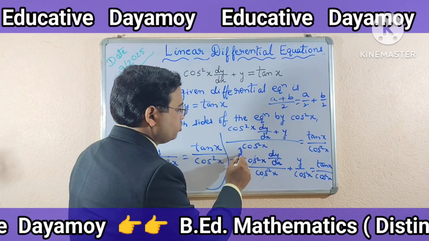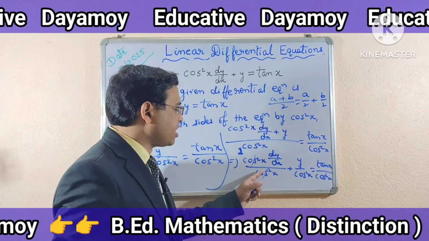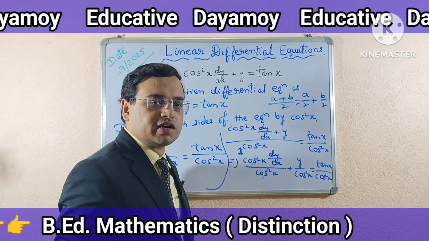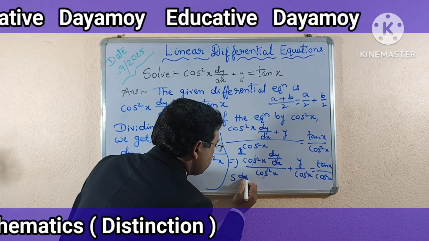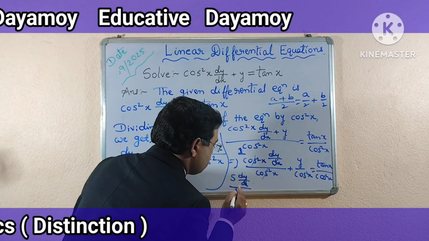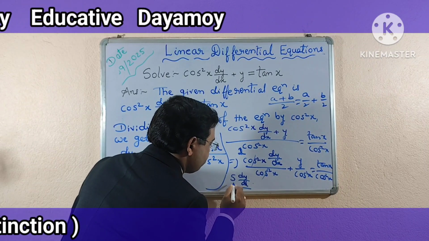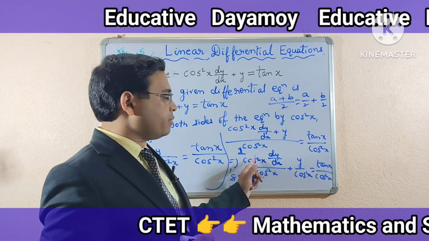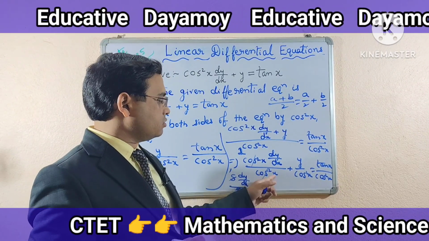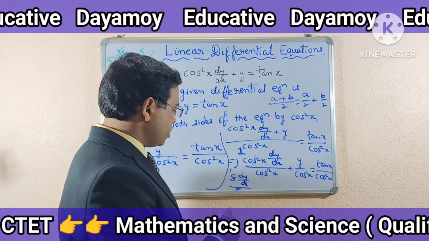Thus like this also you can do it. If you are unable to understand how cos square x gets cancelled, then understand it like this. Just take for example 5 dy by dx by 5. This 5 gets cancelled, 5 1 5. Similarly here, in place of 5 I have written cos square x.